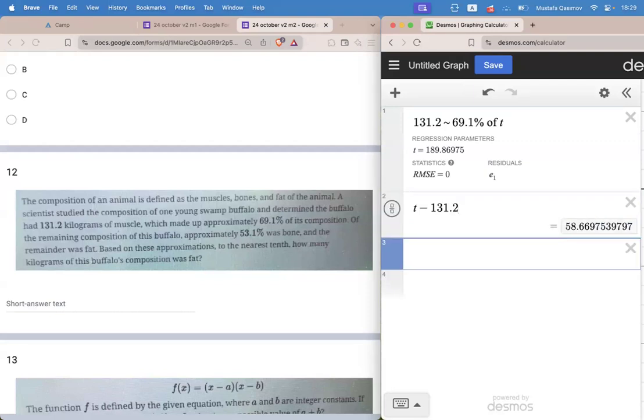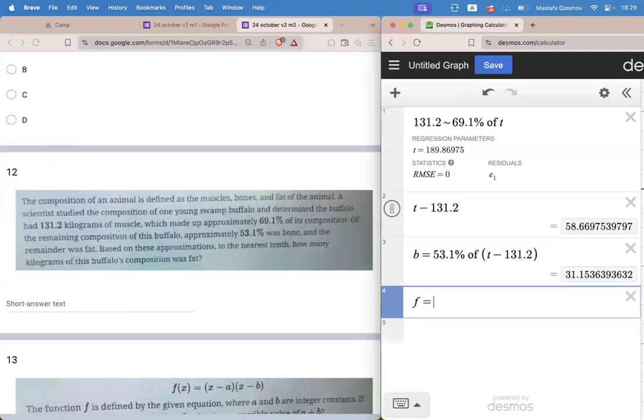Then you must find the bone. Bone will be equal to, let's write B is equal to 53.1% of T minus 131.2. It is bone.